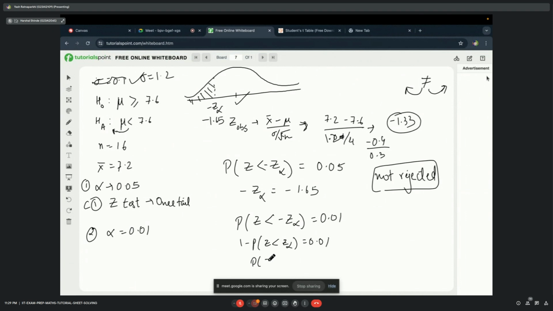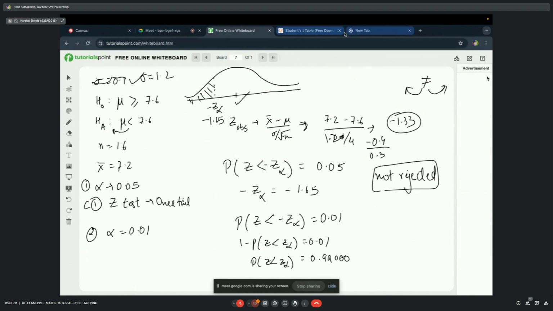So probability of Z less than Z alpha is equal to 0.99. What will come? This point will be 1.65? No, 1.65 will not come. What point will this one be?